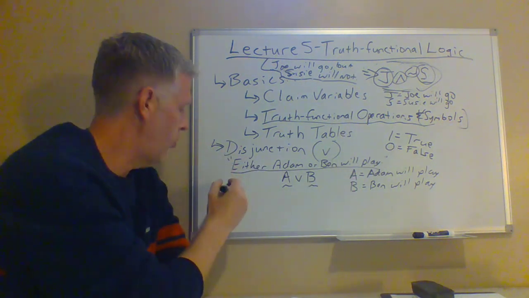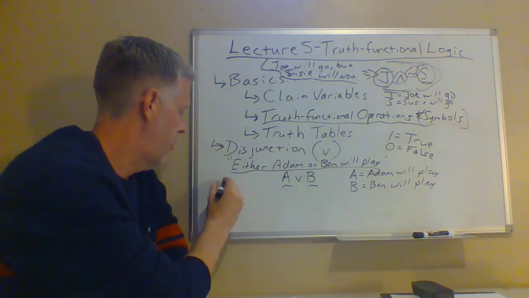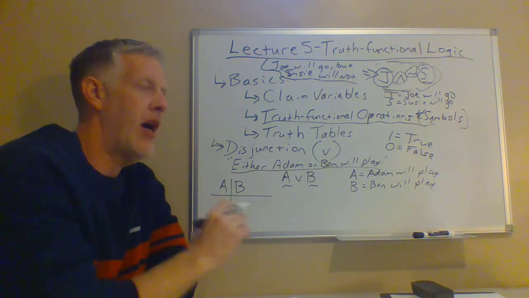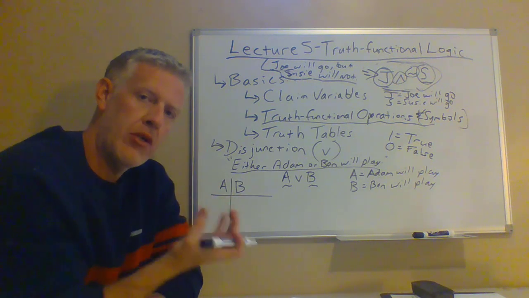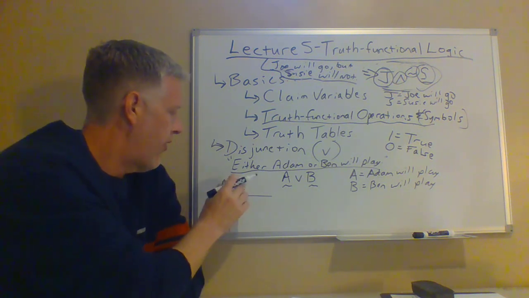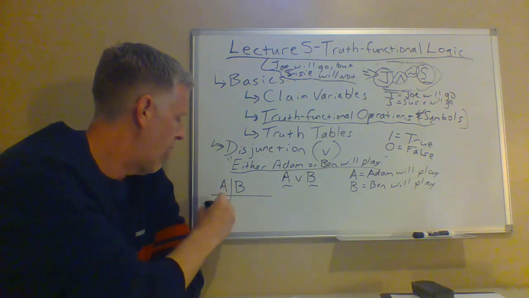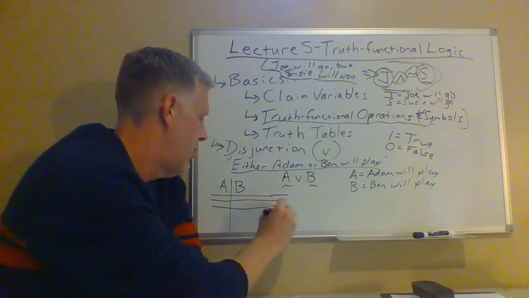So like the conjunction, we'll have 4 rows for our truth table. Remember when we talked about negation, we only had 2 rows because we only had one underlying claim at play. Whenever we have a compound claim with 2 or more, we're going to have at least 4 rows, right? And we'll get into how to determine the number of rows in a little bit.